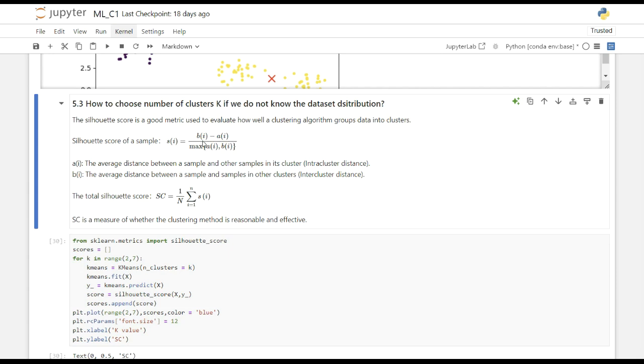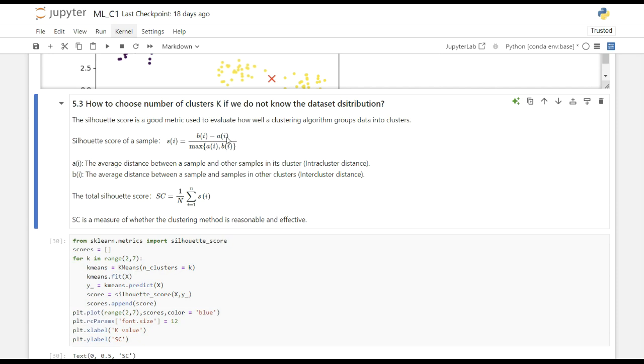If bi is very big, it means the clusters are far away from each other, and ai is very small, it means each cluster stays together. The data points in that cluster are close to each other, and bi very big means the distance between clusters is very big.